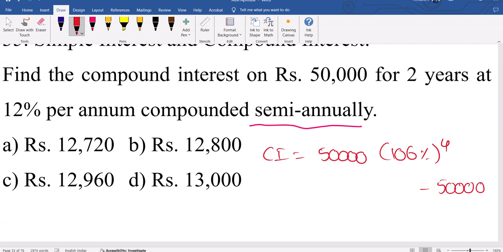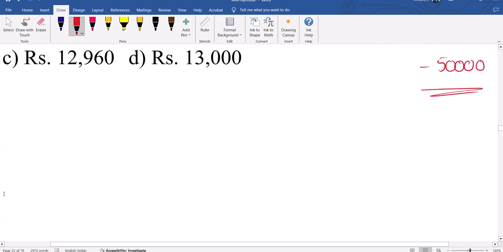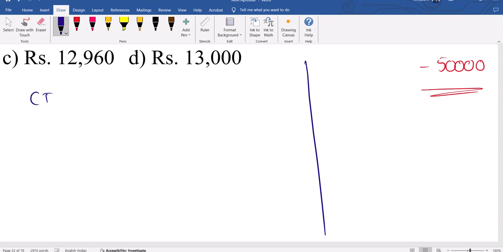But this is not recommended when calculator not allowed, because 1.06 whole power 4 is not easy for you even in 1 or 2 minutes. I recommend to go with other method if calculator not allowed. What is that method, sir? See, first half yearly 6% is the interest for 50,000. 1% is 500, 6% means 3,000.